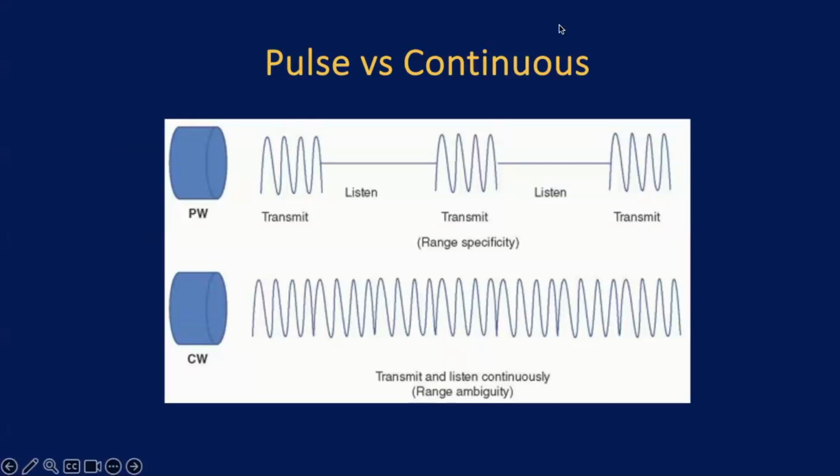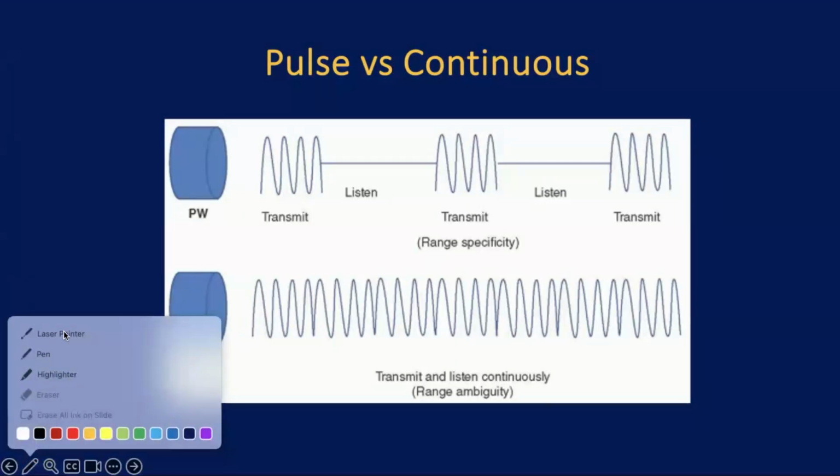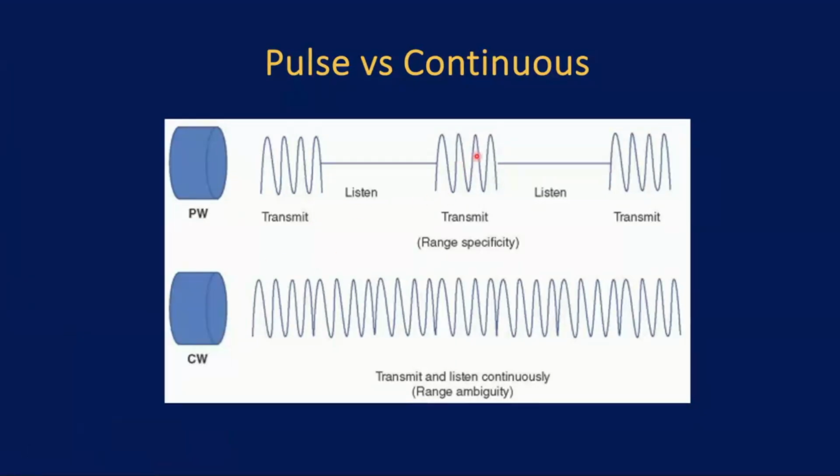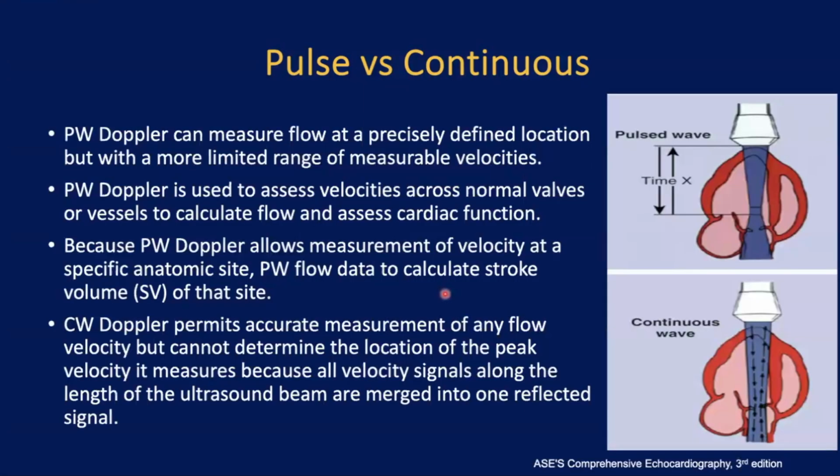This is why in pulse we can specify the site. It's range specific. However, the CW is range ambiguous. Because it's sending and receiving all the way, it would give you the highest velocity regardless of where it is.